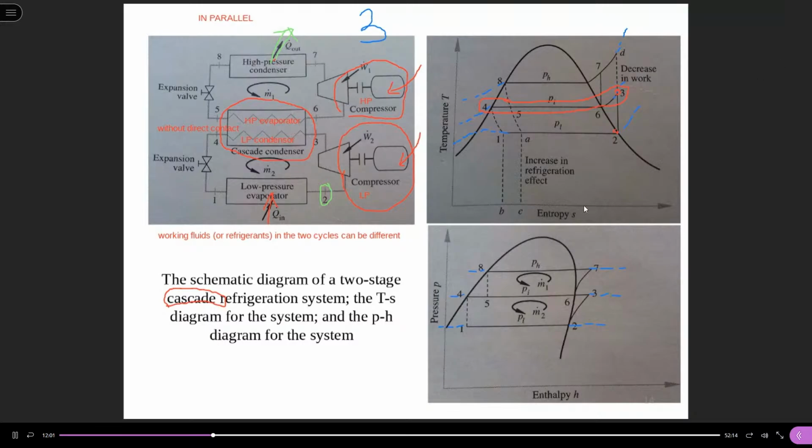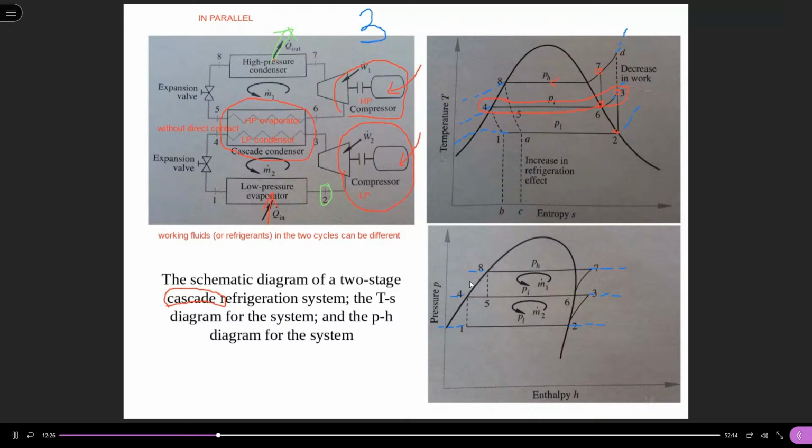Ideally state 4, 6 is dry saturated again, then compressed to high pressure to state 7. From 7 to 8 is a heat rejection process from superheated vapor to saturated vapor to saturated liquid.